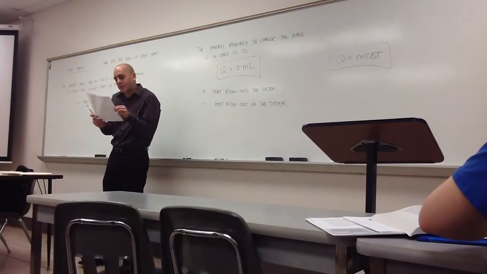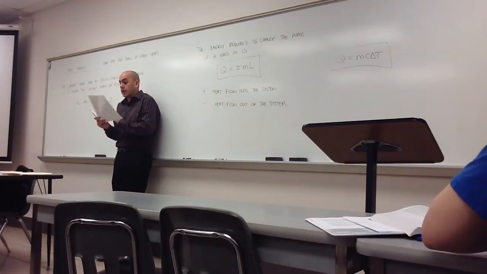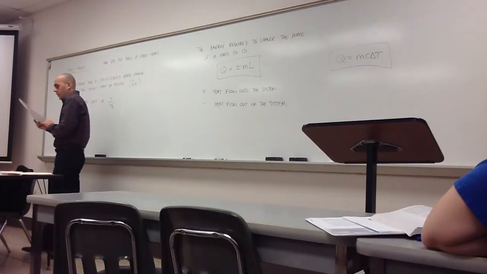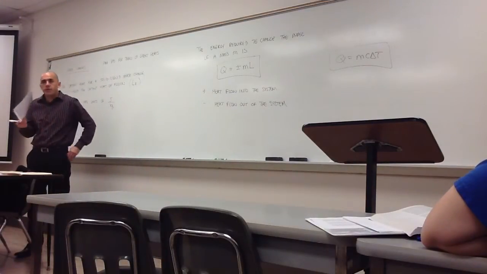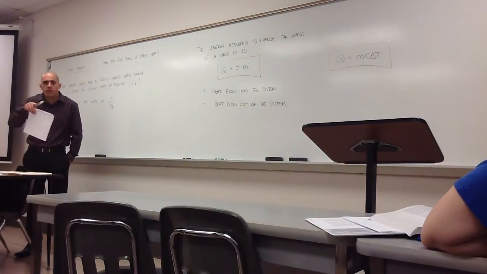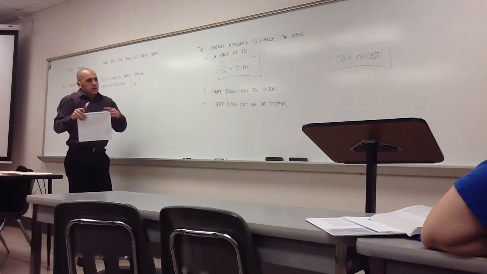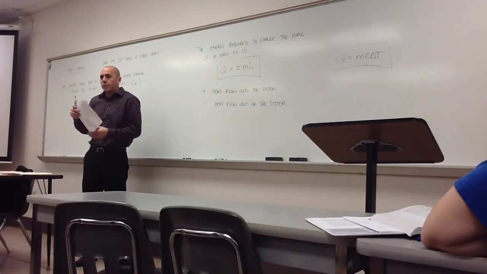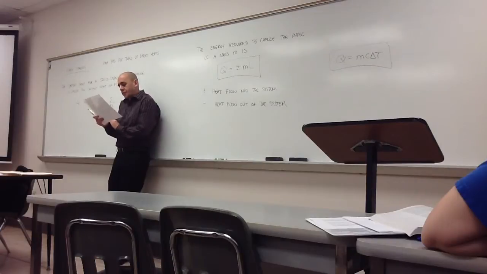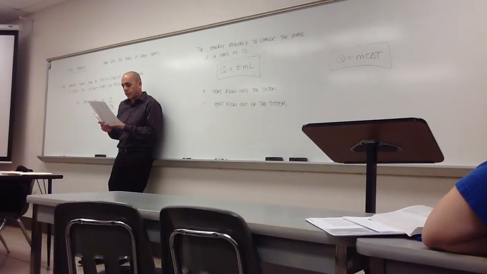Number 12 says apply the method of mixtures to solve a calorimetry problem involving changes in temperature. We're going to do that in lab today. If you watch the video, you know we're going to basically take a heated mass, put it into a container of water, let that energy transfer from the heated mass into the water, come to equilibrium, and really we're going to measure how that temperature changes, and we'll be able to solve for the specific heat in the lab, whatever that metal is.